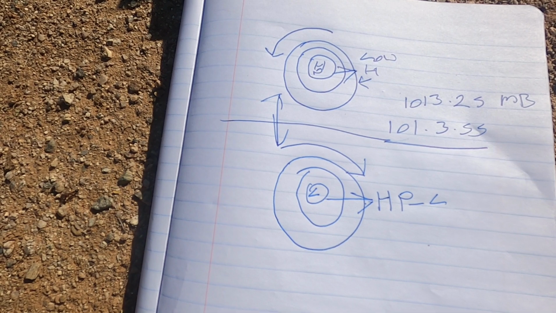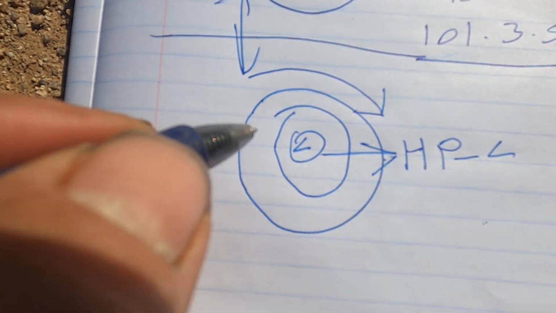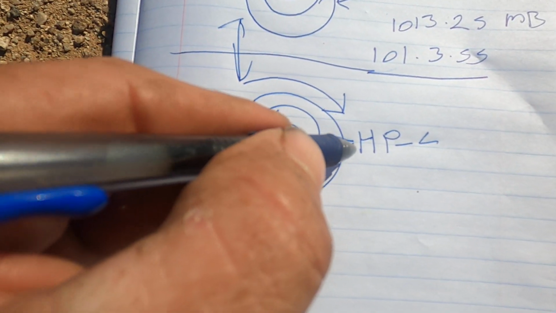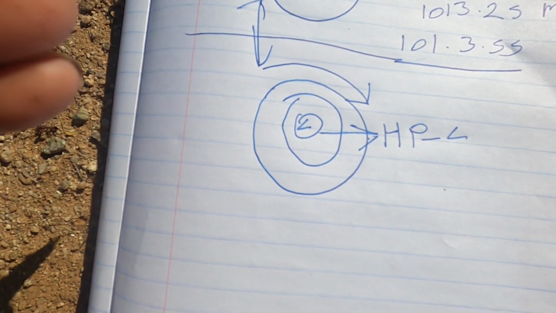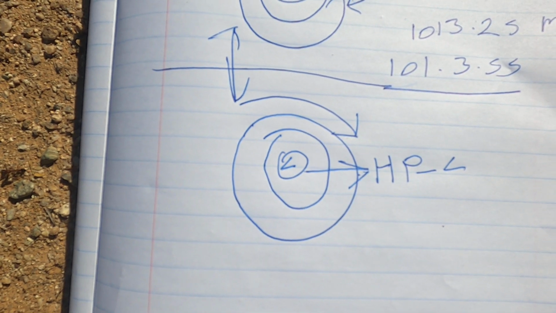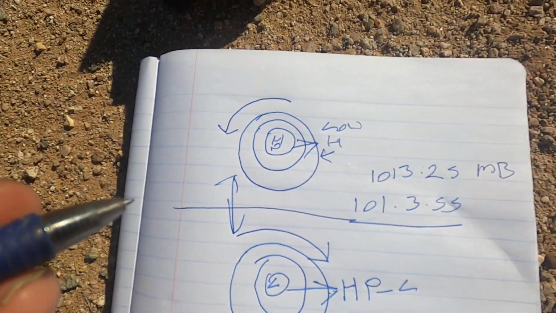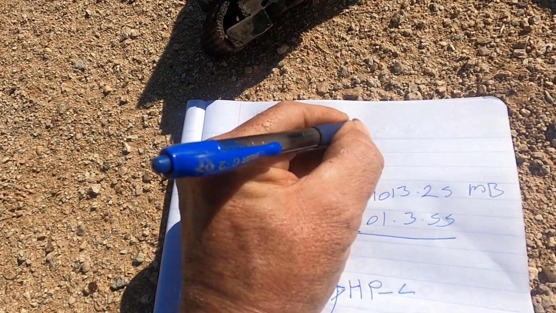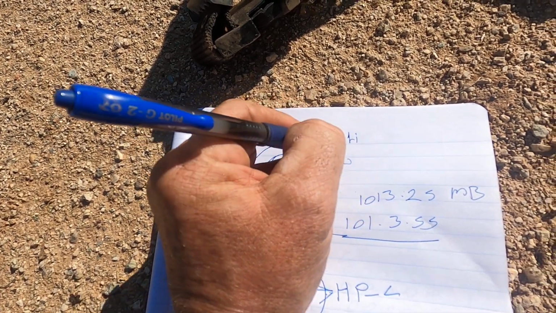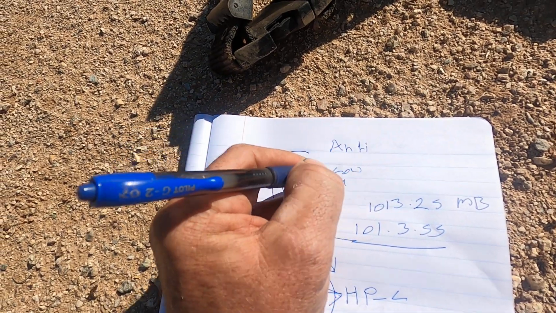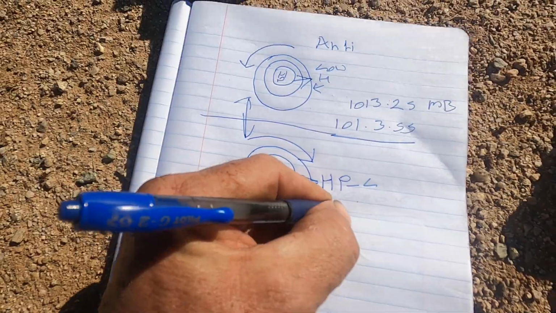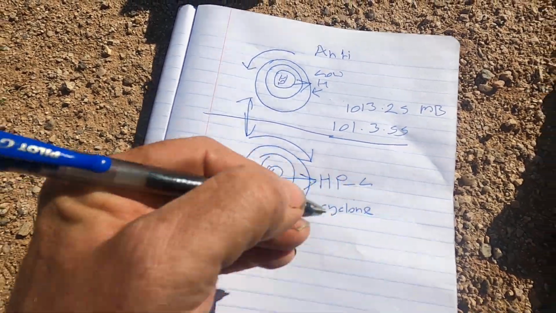This is a low pressure system, and in the northern hemisphere they rotate to the right, in a clockwise direction. That's why a high pressure system is called an anticyclone, because it's anti-clockwise, and a cyclone is just an area of pressure.